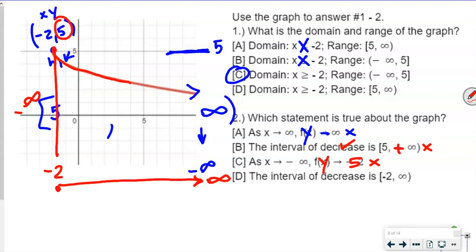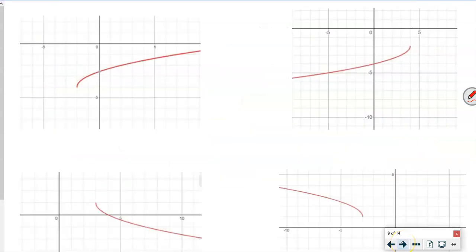It's infinity, right? So this is our true answer right here. And remember, intervals have to do with x values, guys, whereas the end behaviors, that's what these x approaches, have to do with our y values. So remember that.